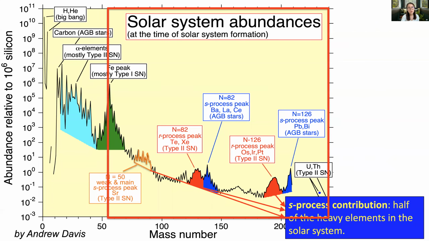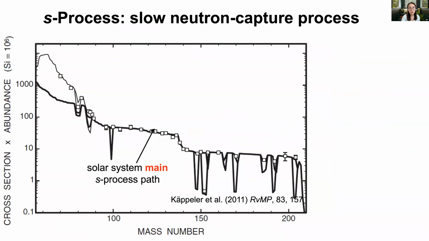And next, we will zoom into this region and focus on the s-process nuclides by multiplying their y-axis values here by their corresponding neutron capture cross-section values. Then we transform the previous plot to this plot, given in a review paper of Käppeler et al. 2011.